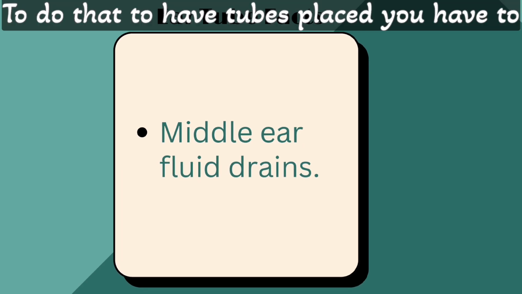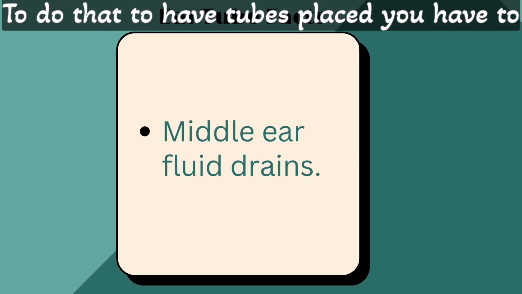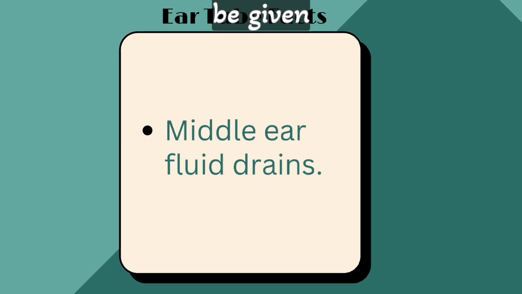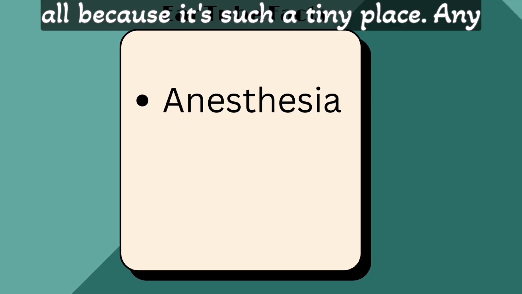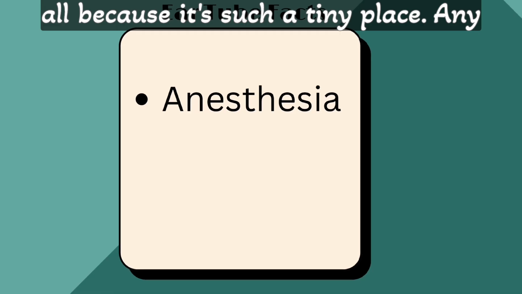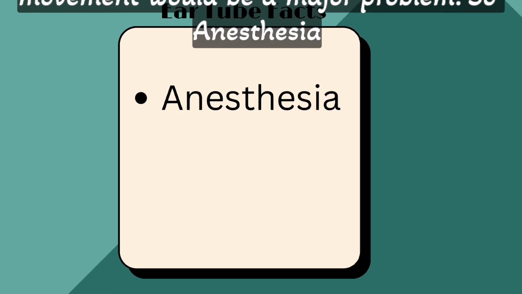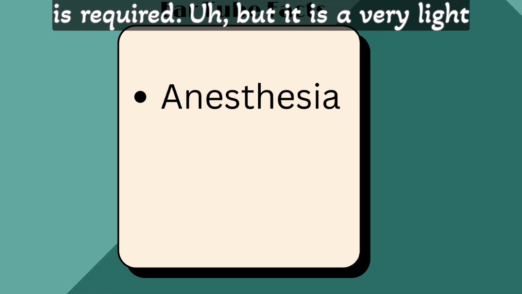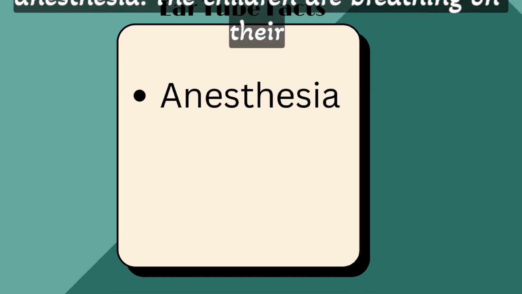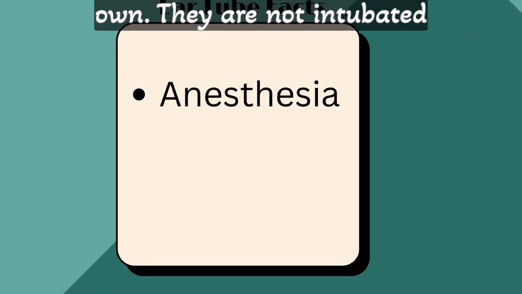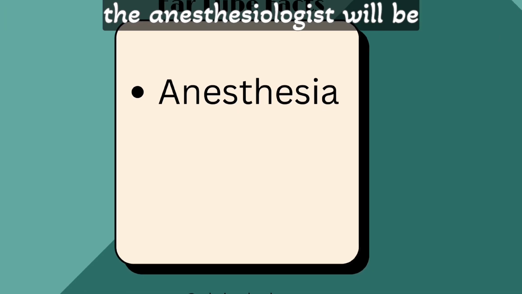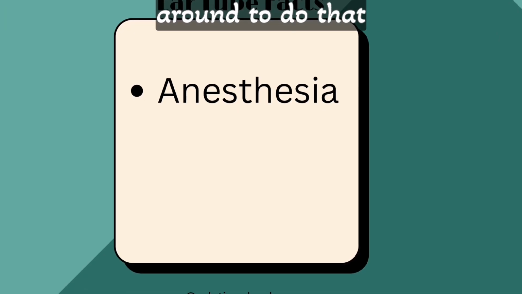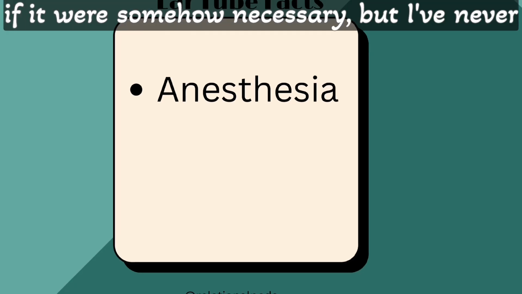So to have tubes placed, you have to be anesthetized. You have to be given anesthesia because we don't want the child to be moving at all because it's such a tiny place. Any movement would be a major problem. So anesthesia is required, but it is a very light anesthesia. The children are breathing on their own. They are not intubated with a tube down into their lungs, although the anesthesiologist will be around to do that if it were somehow necessary.